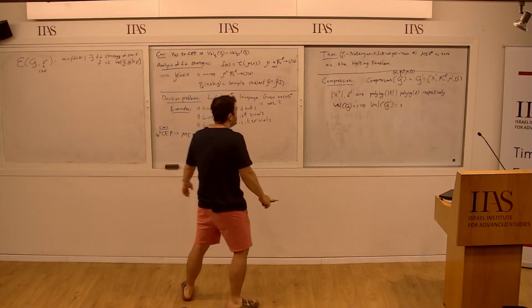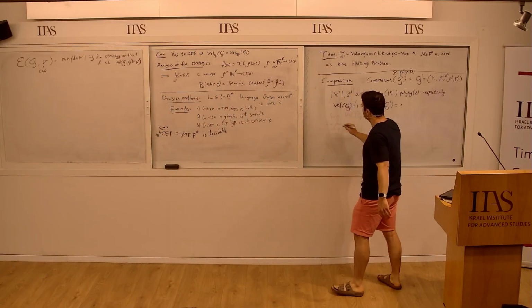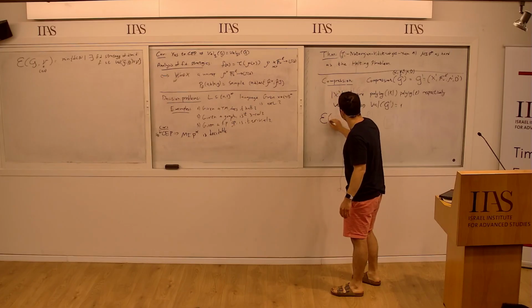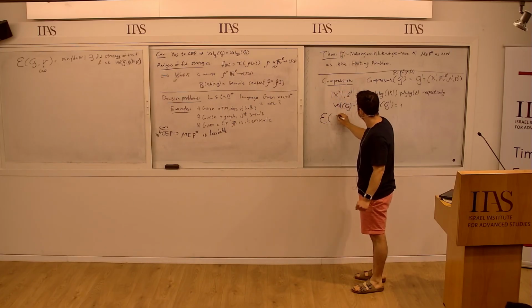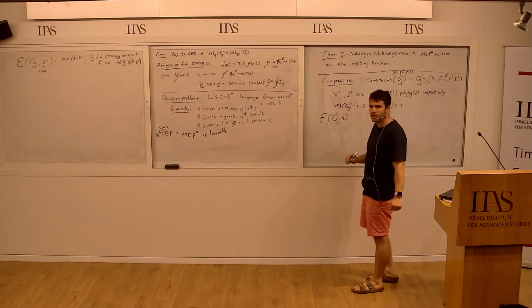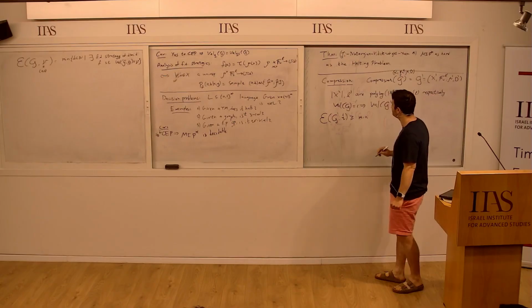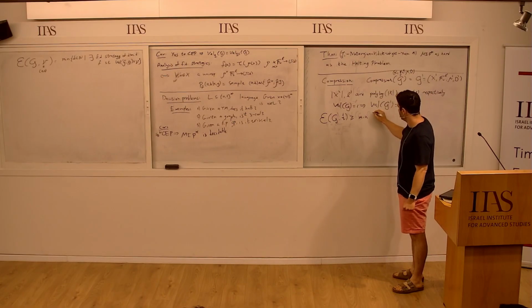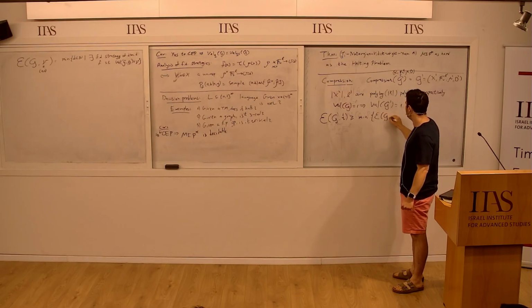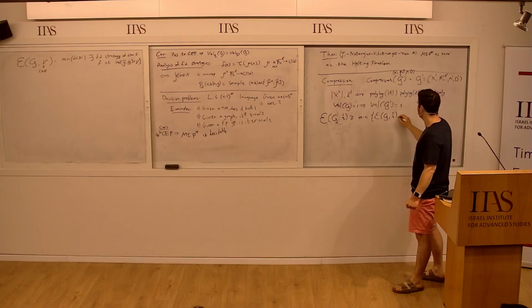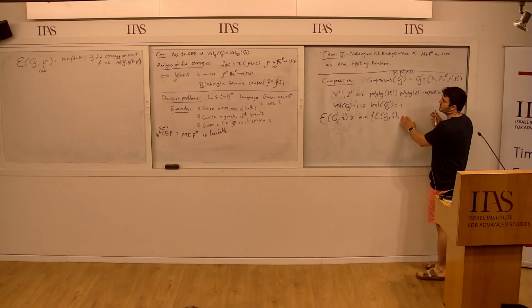And what the compression actually gives us is that the entanglement needed to win the game G prime with probability at least 1/2 is larger or equal than the minimum between two things. One of them is the original entanglement of the game G to win with probability 1/2, and some number that gets bigger the bigger the original game was.